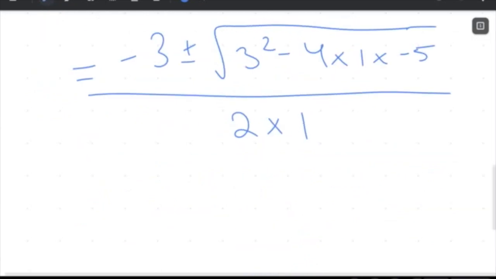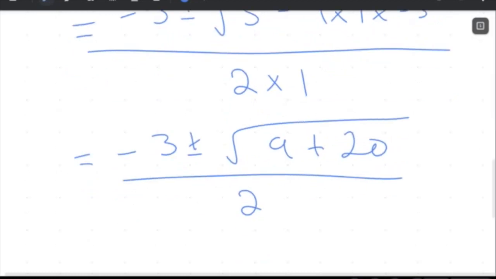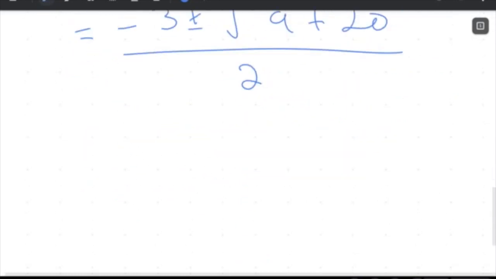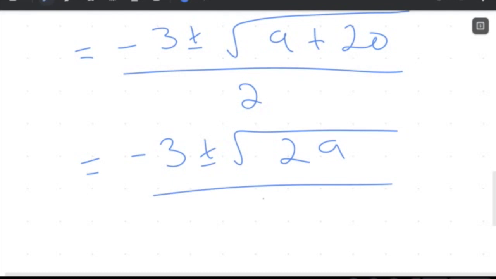Okay, now that we get this, we have negative 3 plus or minus the square root of 9 plus 20 over 2. And this is going to simplify to negative 3 plus or minus the square root of 29 over 2.